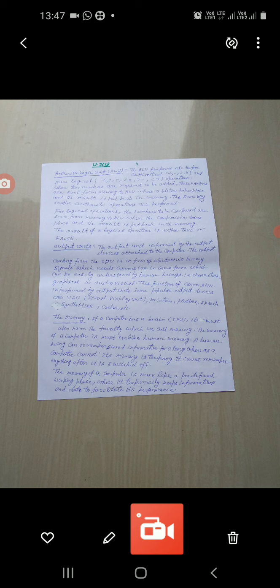This function of conversion is performed by the output unit.